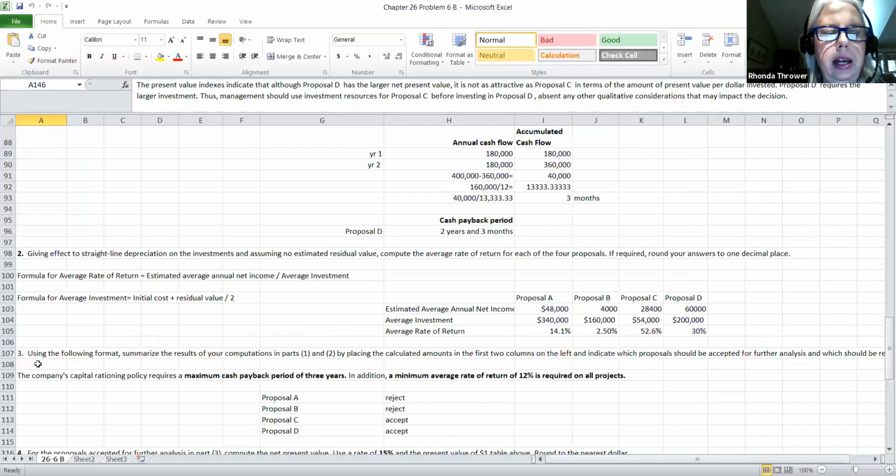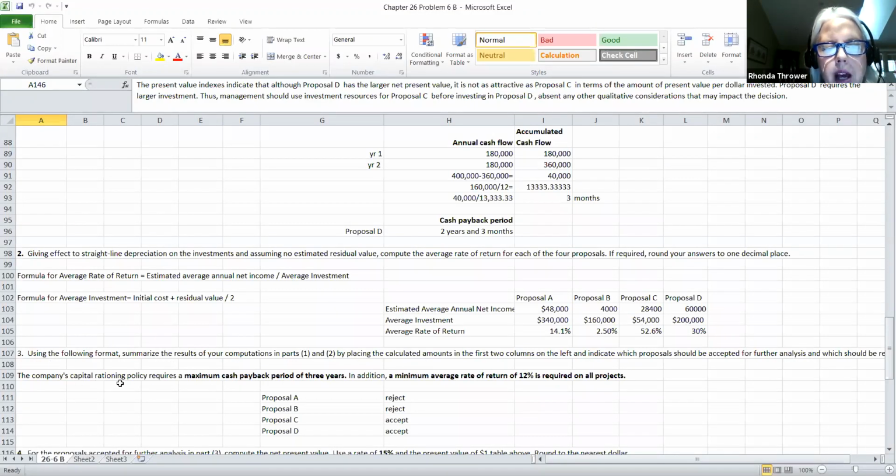Once you've done that, you're going to use the following format to summarize the results of your computations in part 1 and part 2 by placing calculated amounts in the first 2 columns in Cengage is what they're asking you to do. Now, what you have to remember is what they gave you in the instructions.